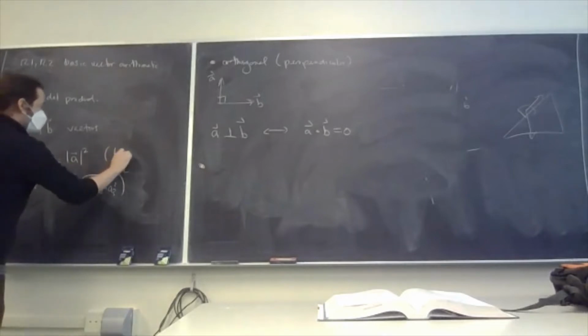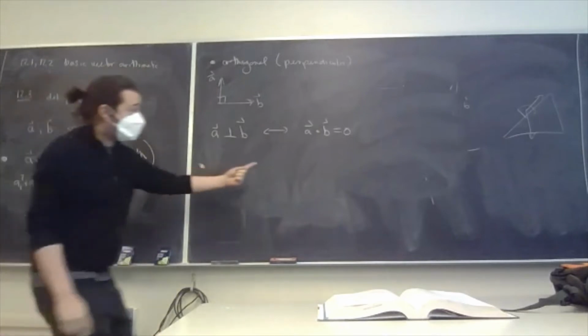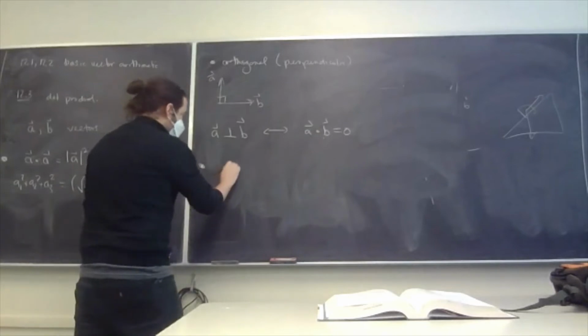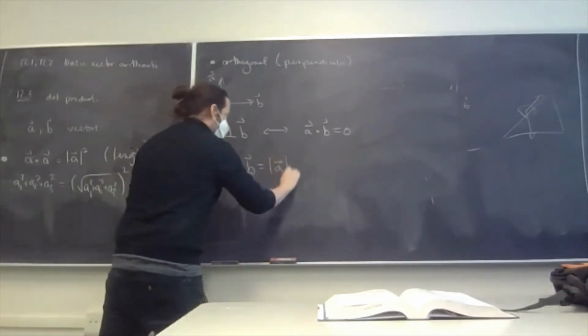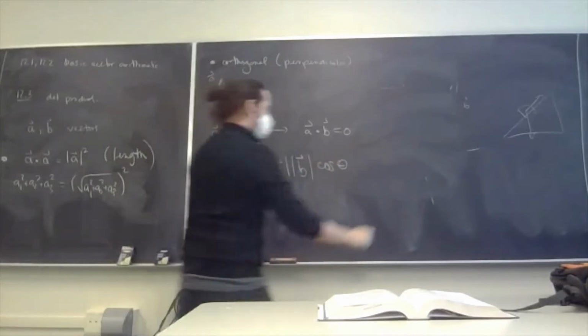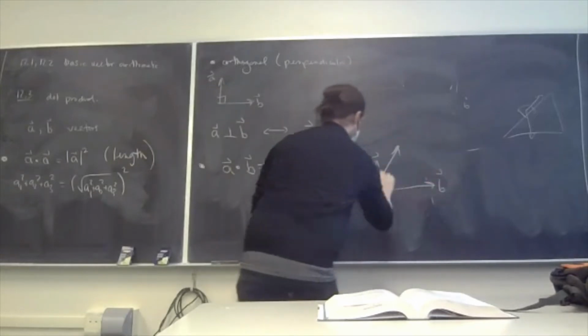Dot products contain information about length, but they also contain information about angles, the angles between two vectors. And we also have the formula that A dot B is equal to the length of A times the length of B times the cosine of theta, which is the angle between them.